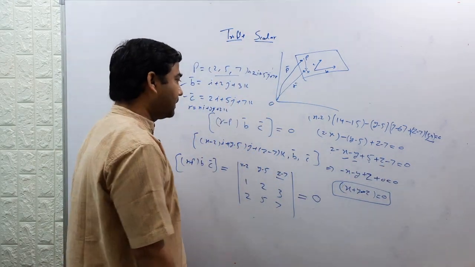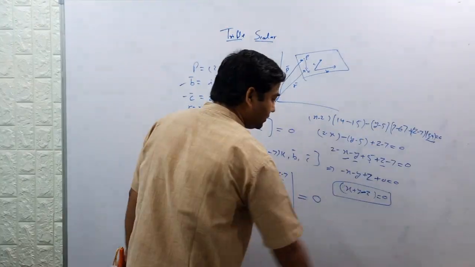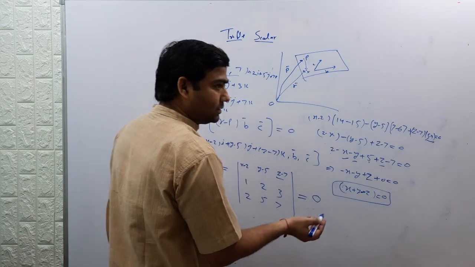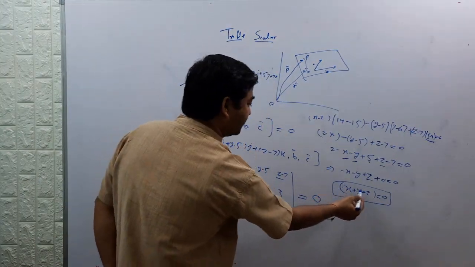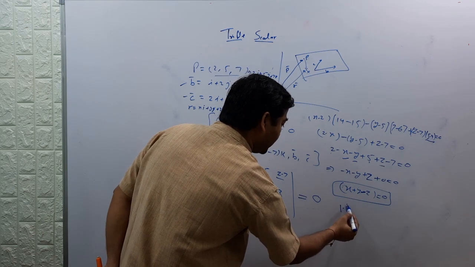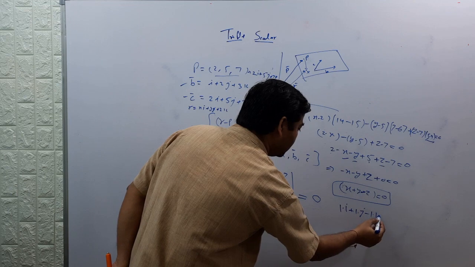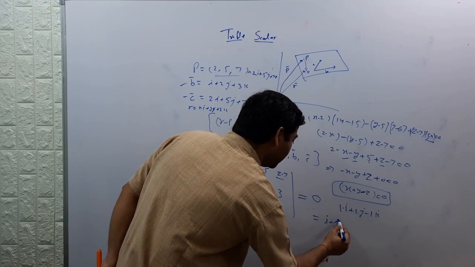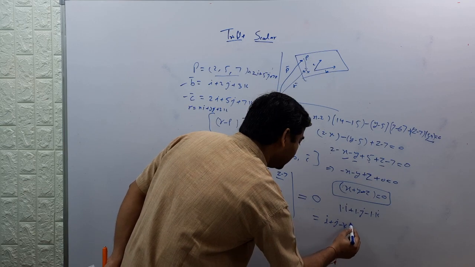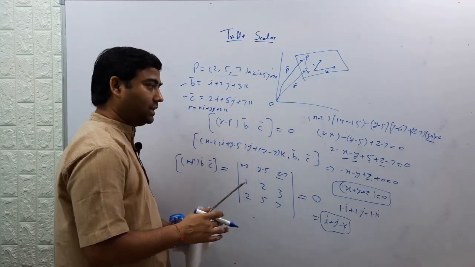So by seeing the equation of the plane, you can immediately find the normal vector, that is the coefficients of x, y, z: 1 into i plus 1 into j minus 1 into k, that is i plus j minus k. This is a perpendicular vector, which we have discussed earlier.